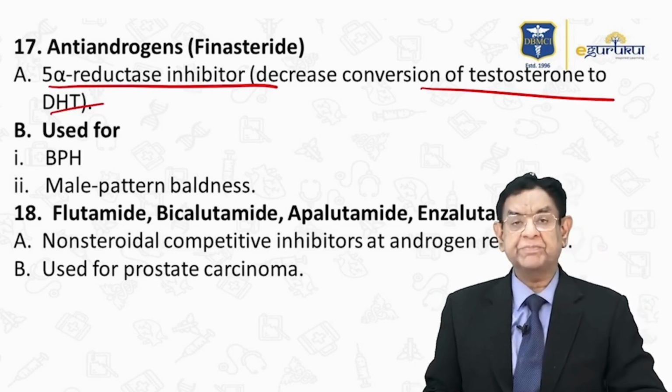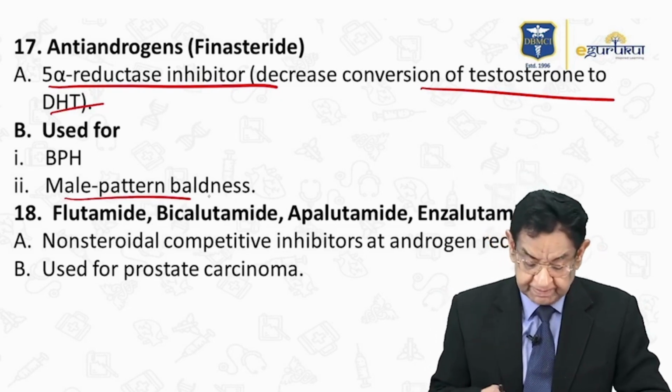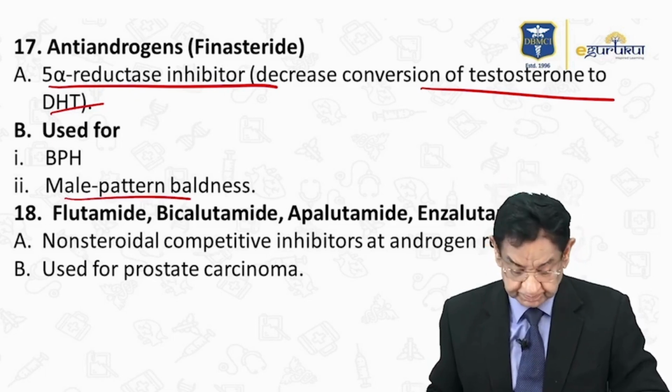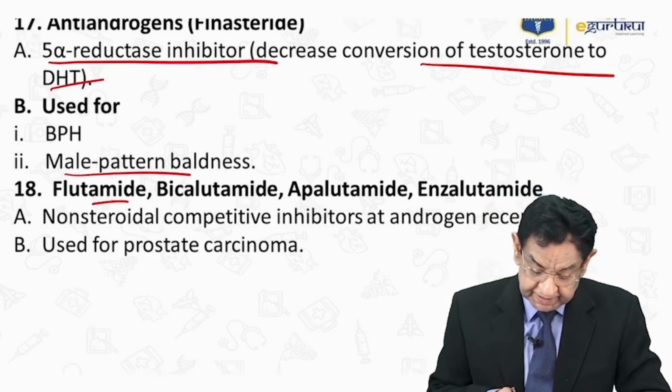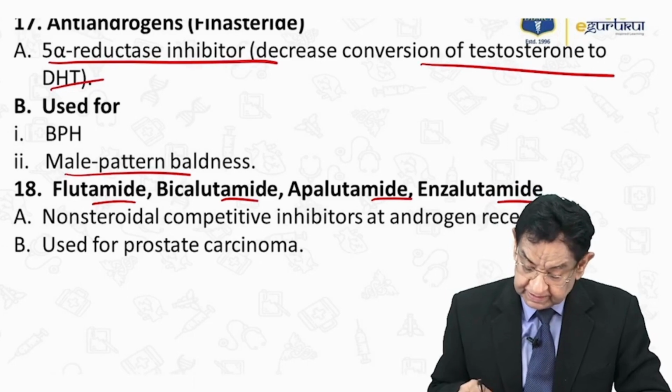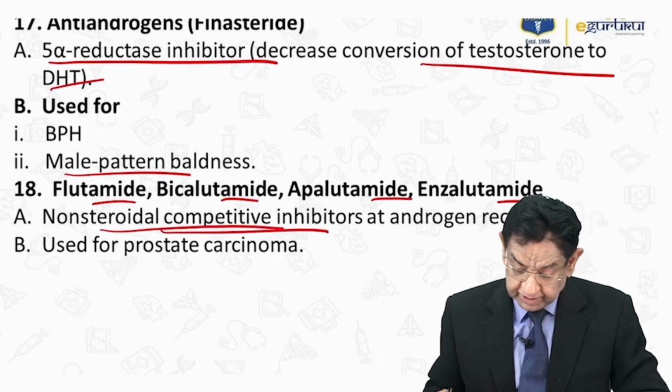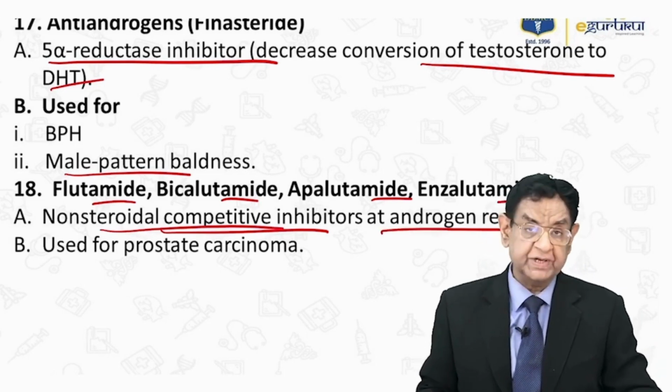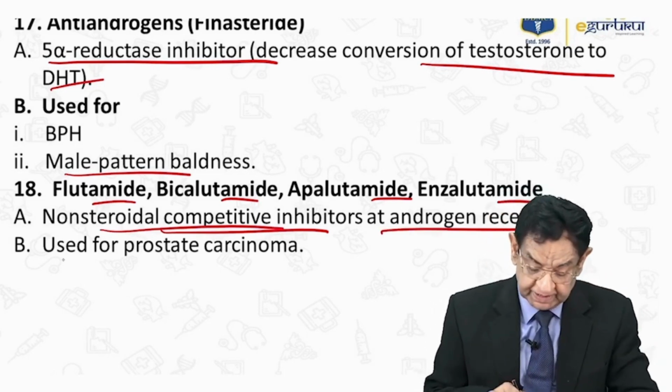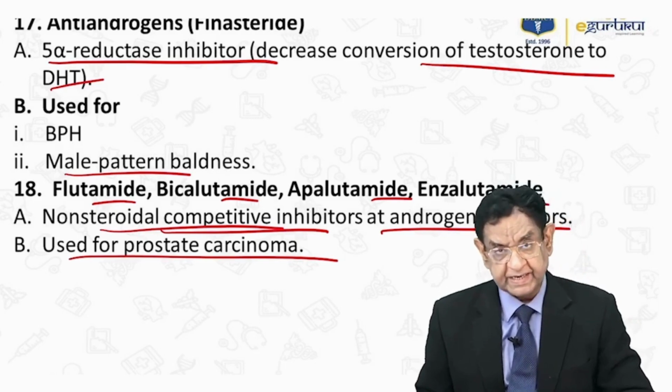We use it in the treatment of BPH and male pattern baldness. Then we have the amides. They are non-steroidal competitive inhibitors at the androgen receptor and used for prostate cancer.